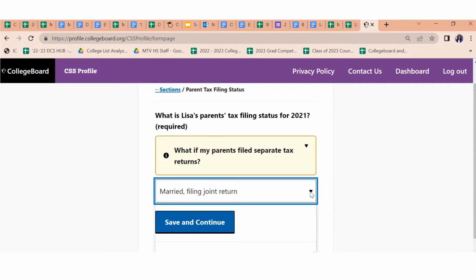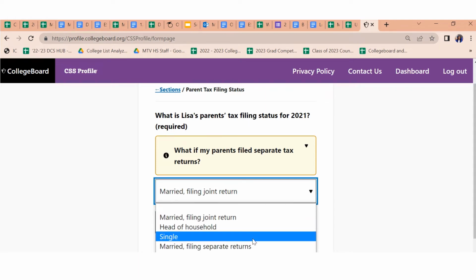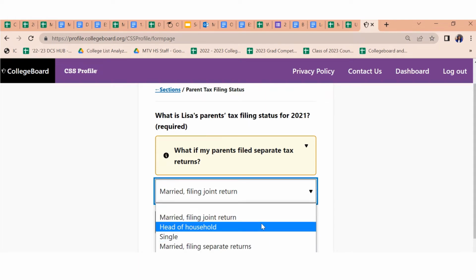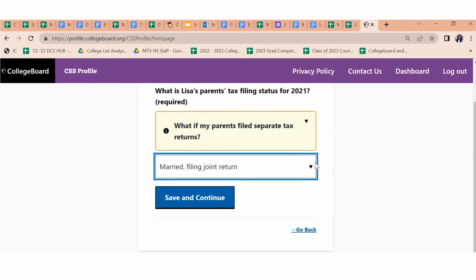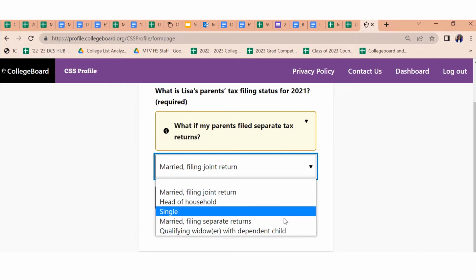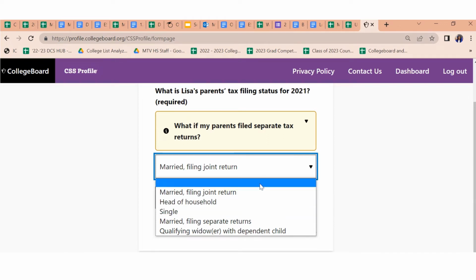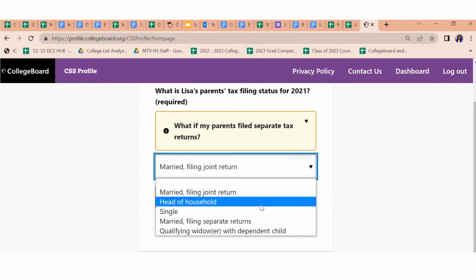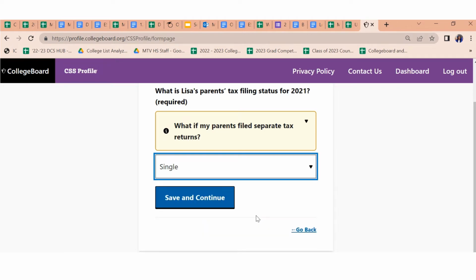And then you're going to indicate the status of your parents' 1040 taxes, and that you will see at the top of your 1040 first page. And so go ahead and indicate your parents' filing status. Again, we are looking at the custodial parent's 1040, and so you will select what that is showing on your 1040 and continue.